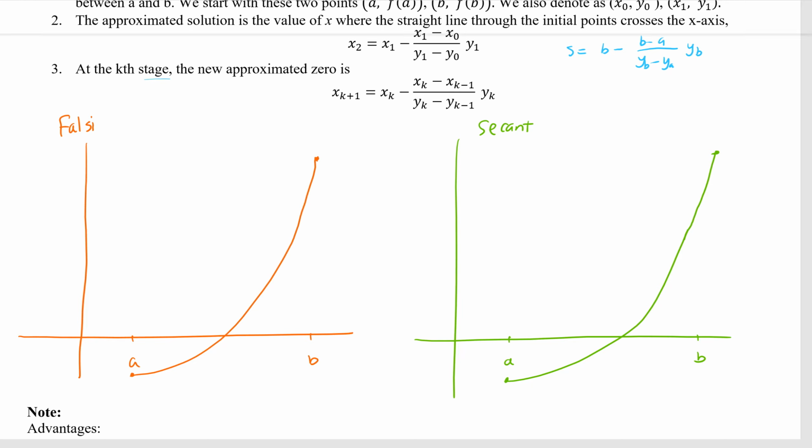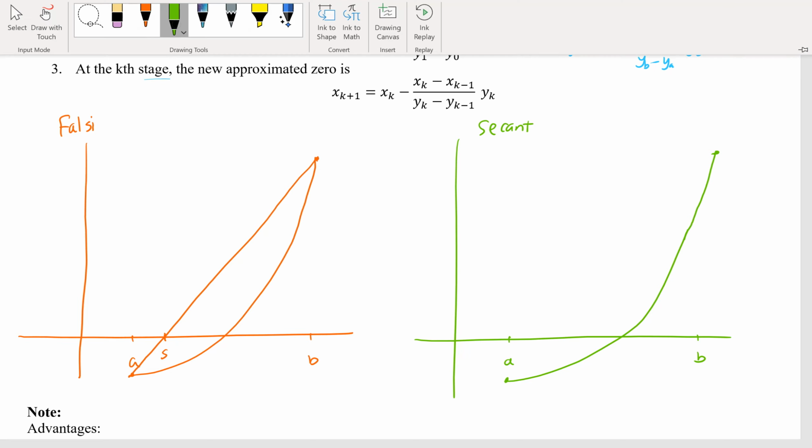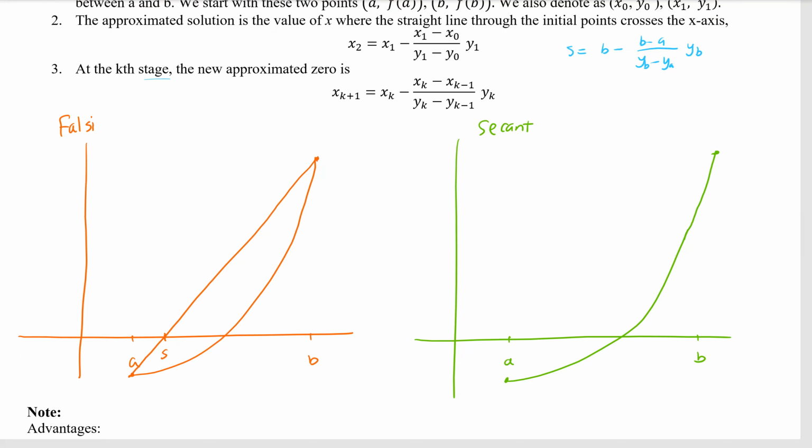First step, we take the secant line passing through the 2 endpoints, and this is our s. So far so good, everybody. And on the other side, the secant method, well, we call A to be x0, and we call B to be x1.